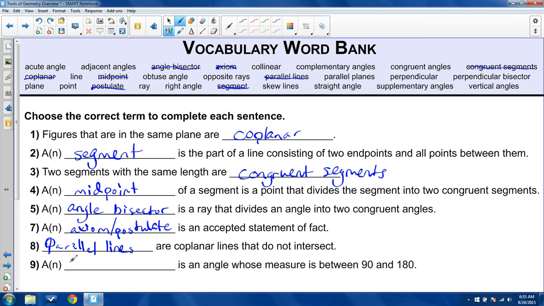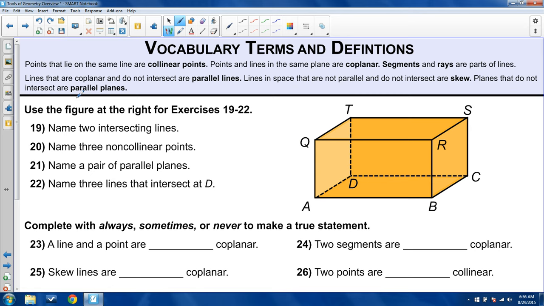That would be an obtuse angle. Okay. So obviously I didn't use every word in this word bank. I want you to see the other ones, but these are examples of what these ones mean or how they can be used. Now I might use any one of these as I continue on with this.